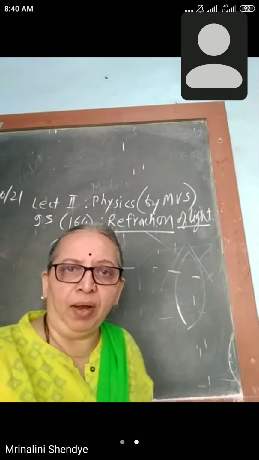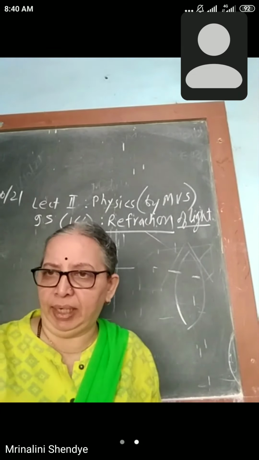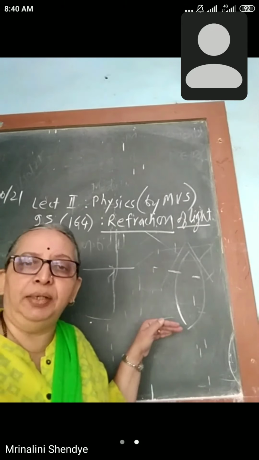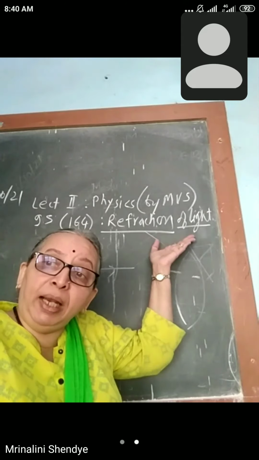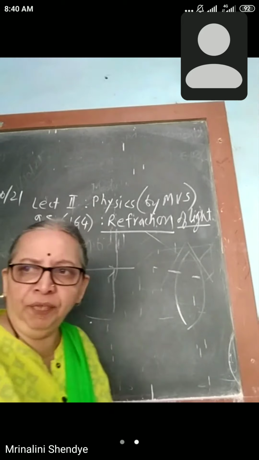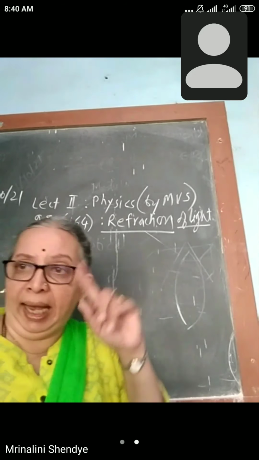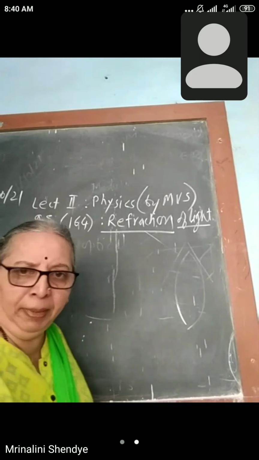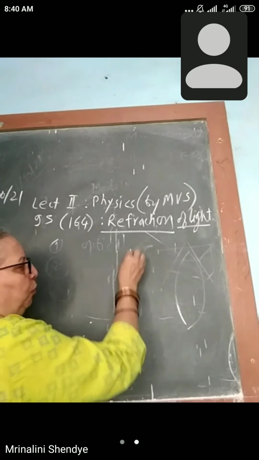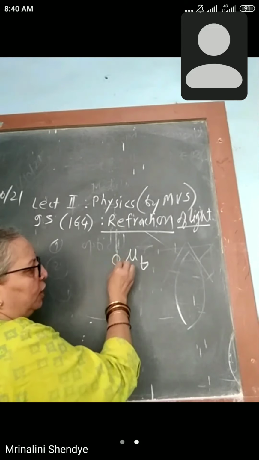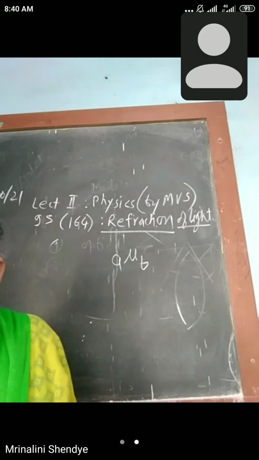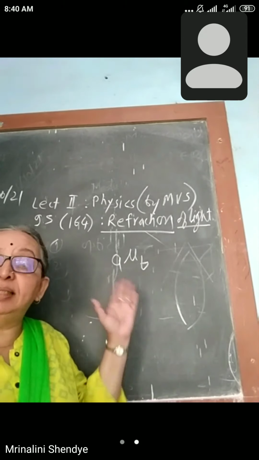So we define the relative refractive index of the second medium, that is the refracted medium, with respect to the first, incident medium. If light moves from medium A into medium B, we define the refractive index mu of B with respect to A, where A is the incident medium and B is the refracted medium.